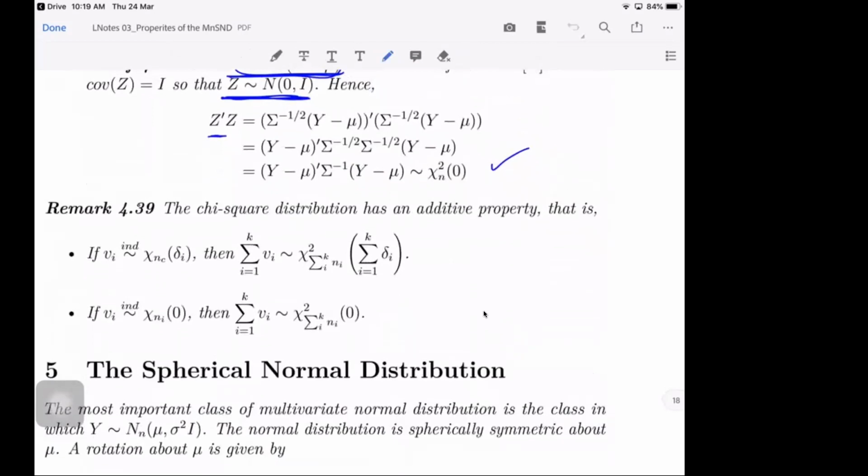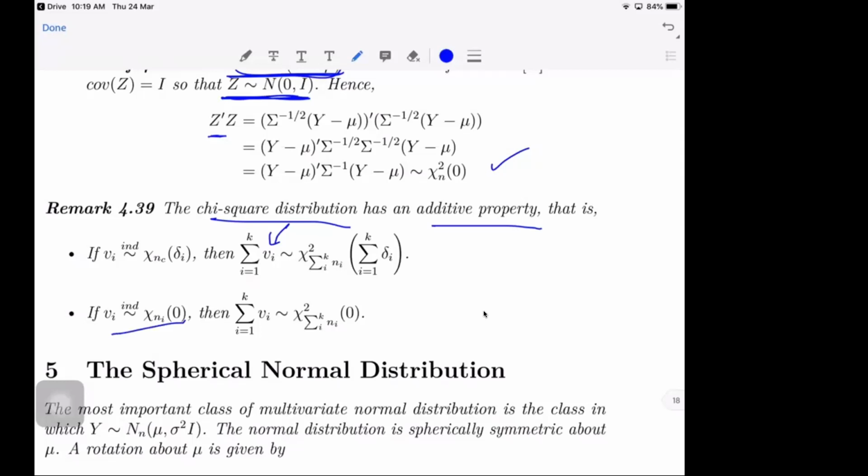And the properties of chi-square are additive. So if you take a sum of chi-square distributed variables, it's still chi-square, no? The sum of non-central chi-squares will be non-central chi-square. The sum of central chi-squares will be central chi-square.